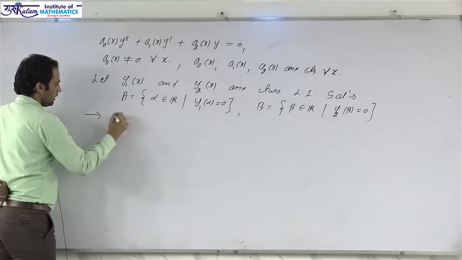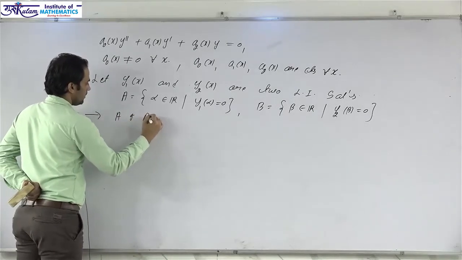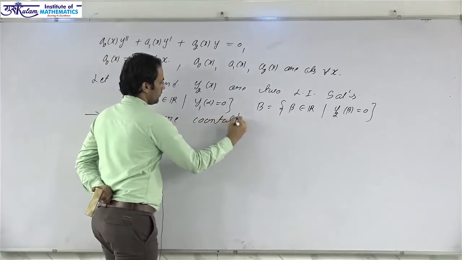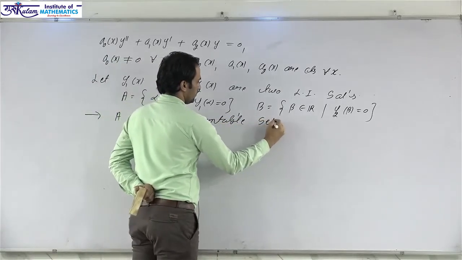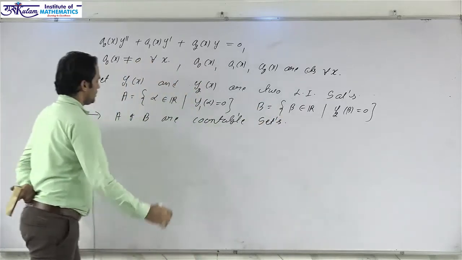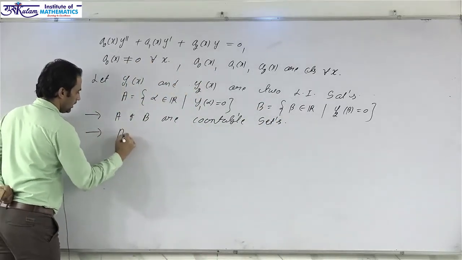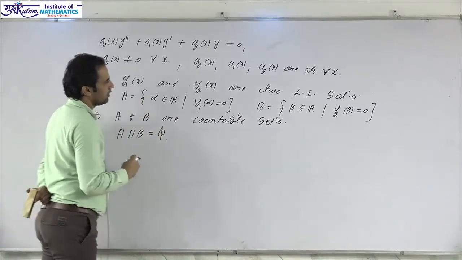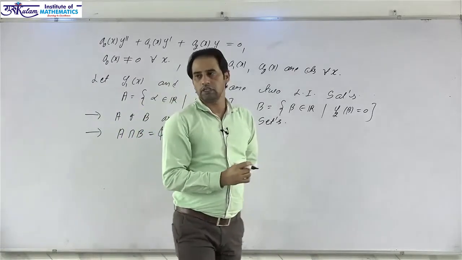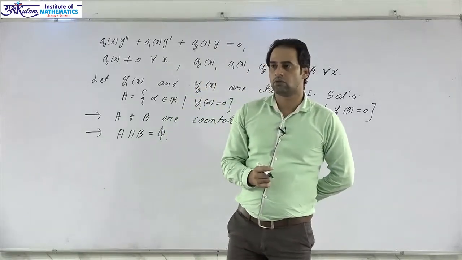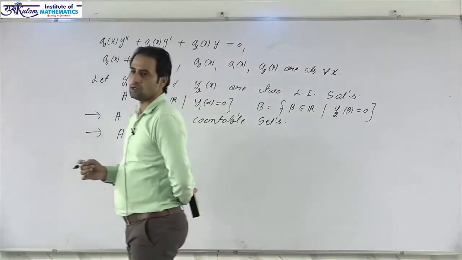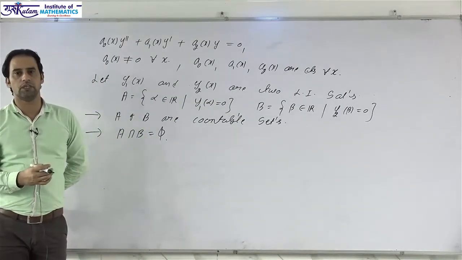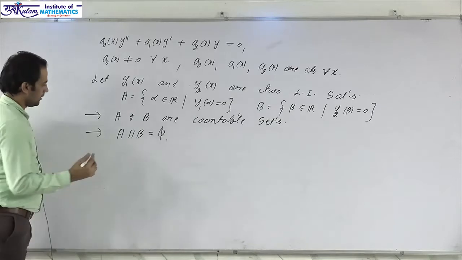Then the first property: A and B must be countable. Second property: A intersection B is always empty. That is, the zeros of two linearly independent solutions are never common, or if two solutions have common zeros, then they must be linearly dependent.